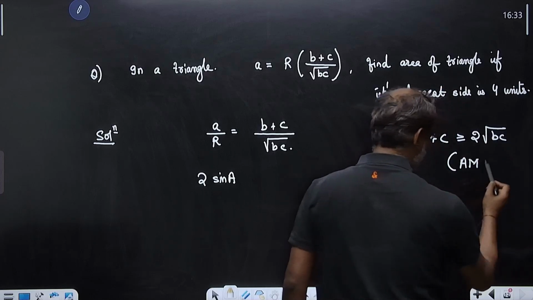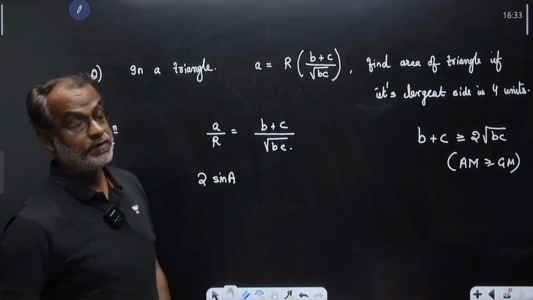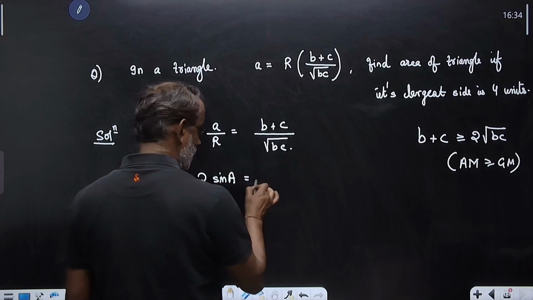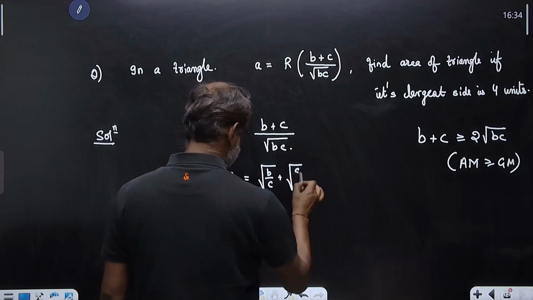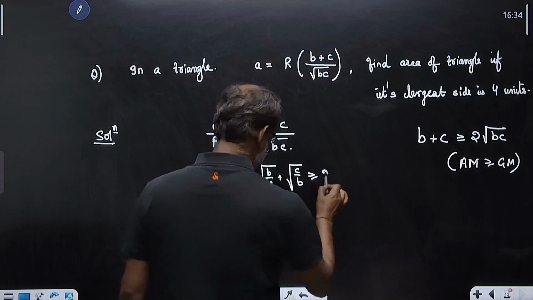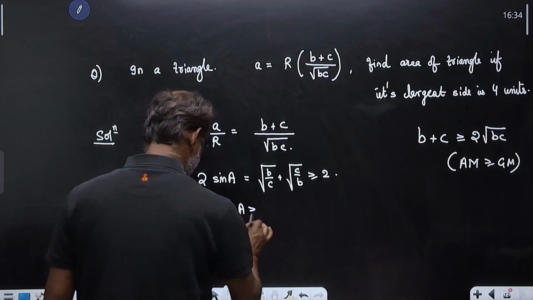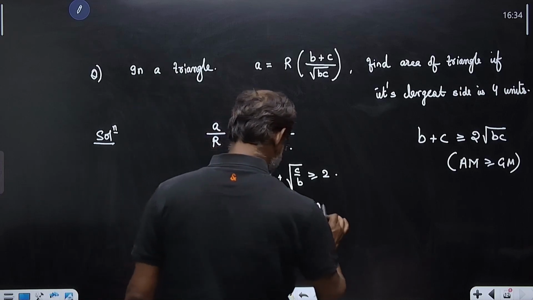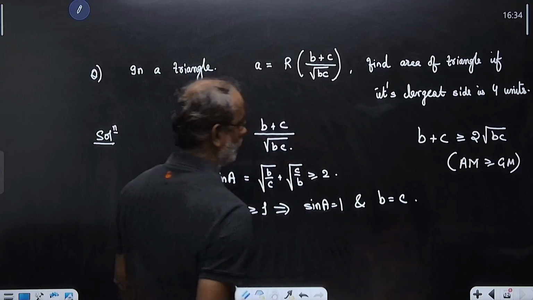AM is greater than or equal to GM. All these are positive numbers as we are dealing with sides of the triangle. So, 2 sine A is greater than or equal to 2, so sine A turns out to be 1, and b is equal to c, equality holds.